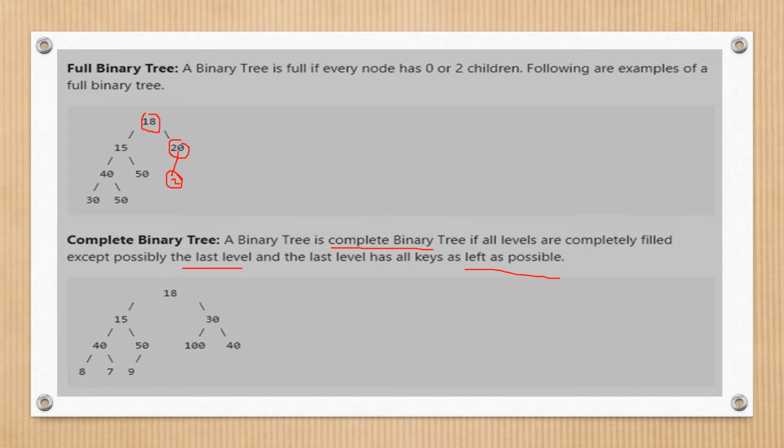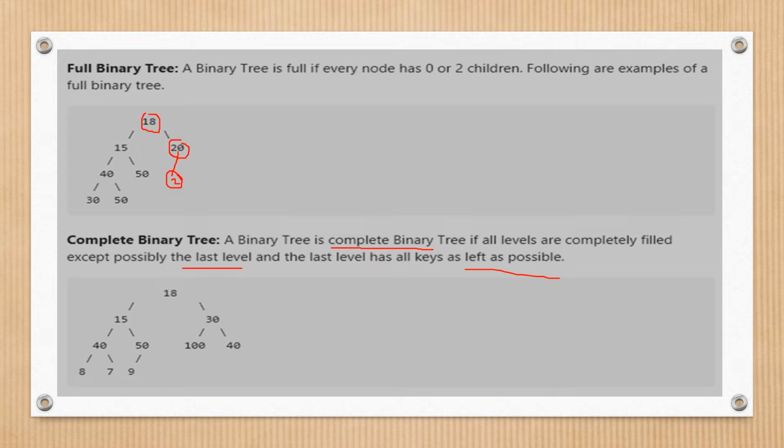Means here all the levels must be completely filled, or the last level must be filled from left to right. Understand? A binary tree is said to be complete binary tree if and only if all the levels are completely filled, or the last level must fill from left to right only.